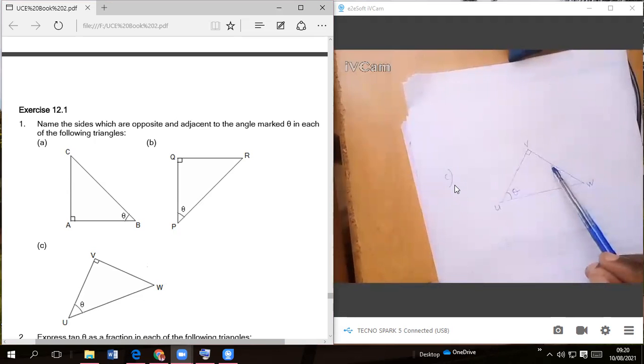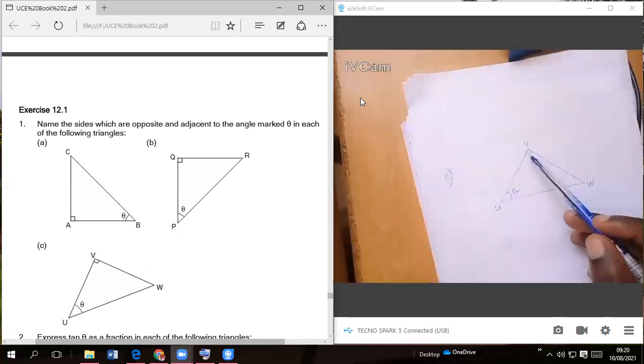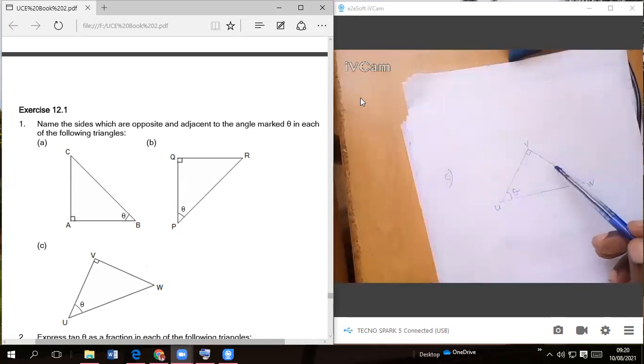Are we together? So either this is adjacent or this one is opposite. Why? Because the sides which are in between 90 degrees, one of them is opposite and another one is adjacent.